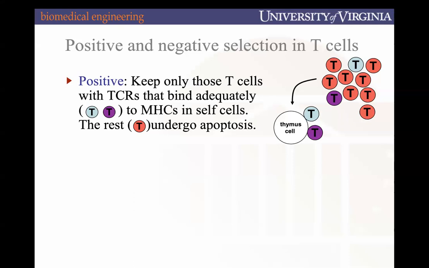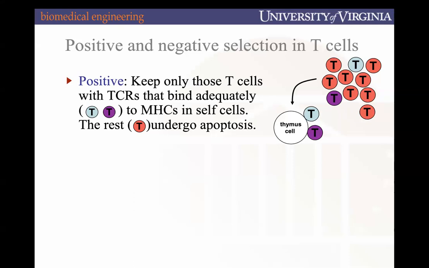And so one of the key ways that happens is via a process called positive and negative selection. So first, positive selection will select for the T cell receptors that sufficiently bind to MHCs. For CD4, it's going to be MHC class 2. For CD8s, it's going to be MHC class 1.